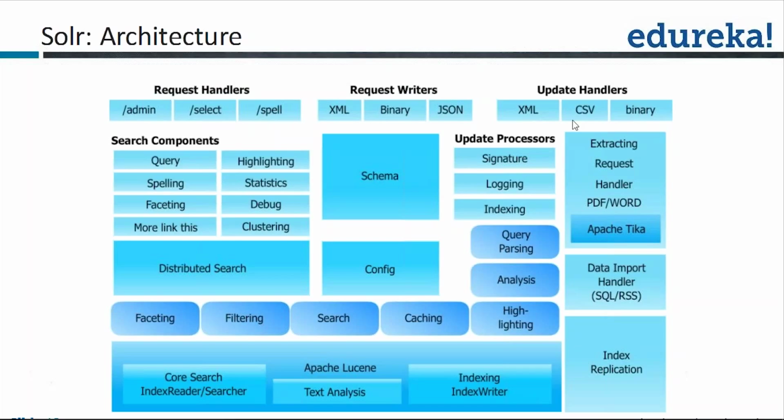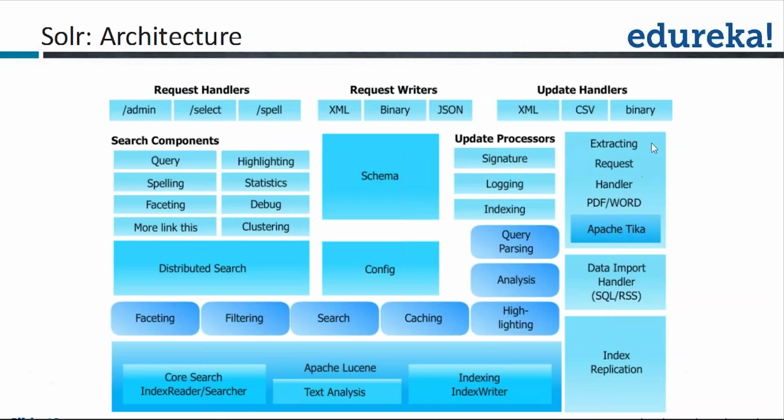The update processors are the processes which act on these update handlers. Whenever you are updating the data, you can choose to, maybe, encrypt the data at the time of creating the indexes. You can also do different types of logging, or custom indexing as well. This is another thing I would like to discuss here. I've just given you the reference of Apache Tika. This is also more pertinent to the update handlers. I might want to send in a Word document or a PDF document.